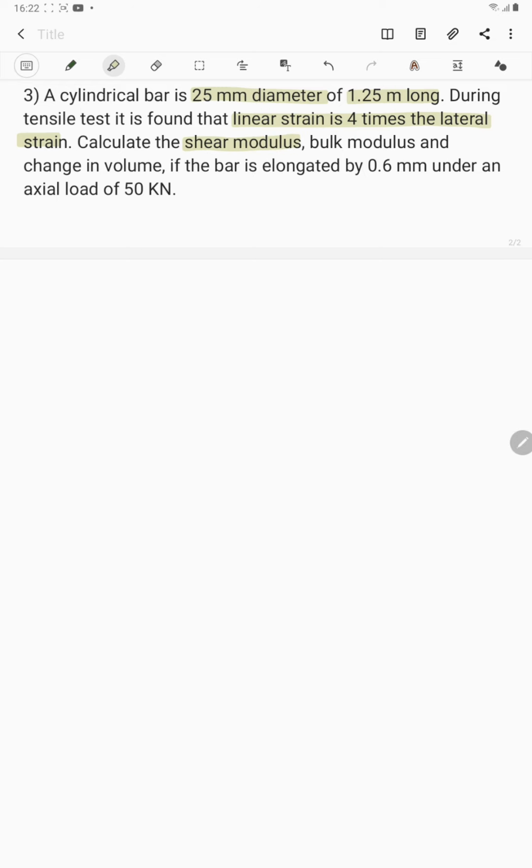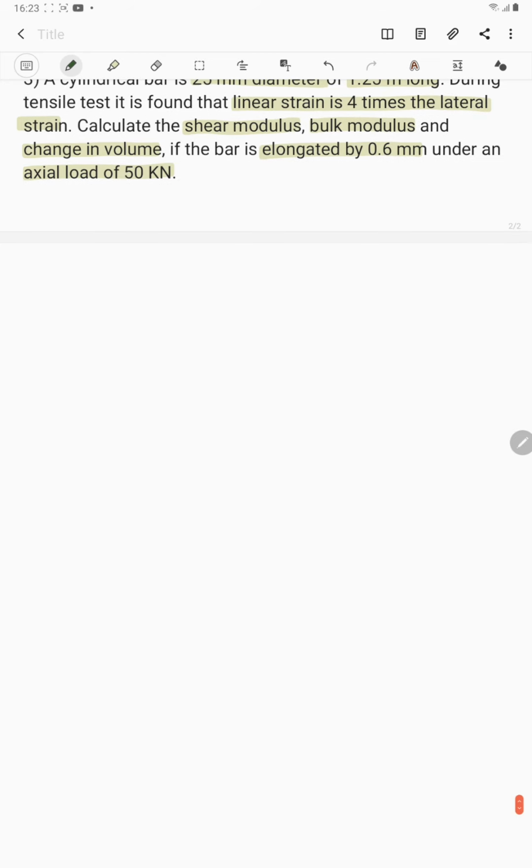Calculate the shear modulus, bulk modulus and change in volume, if the bar is elongated, elongation means change in length, 0.6 mm under an axial load of 50 kilonewtons. That is the problem.